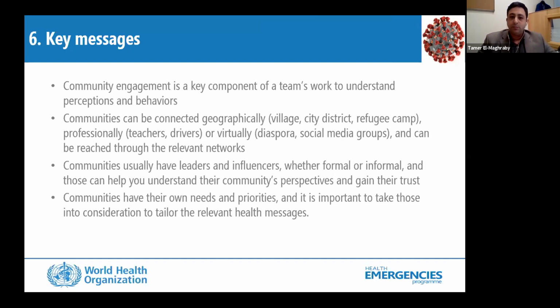For example, in the polio eradication program, which is a long-running program, as you all know, some of the diaspora communities, for example, from Pakistan and Afghanistan, live in the Arab Gulf region, in Saudi Arabia, and they work there. And so sometimes it's important to target those people outside the country, because we know that they message their communities back home and they're able to influence their decisions on, for example, in this case, whether the kids should be vaccinated.